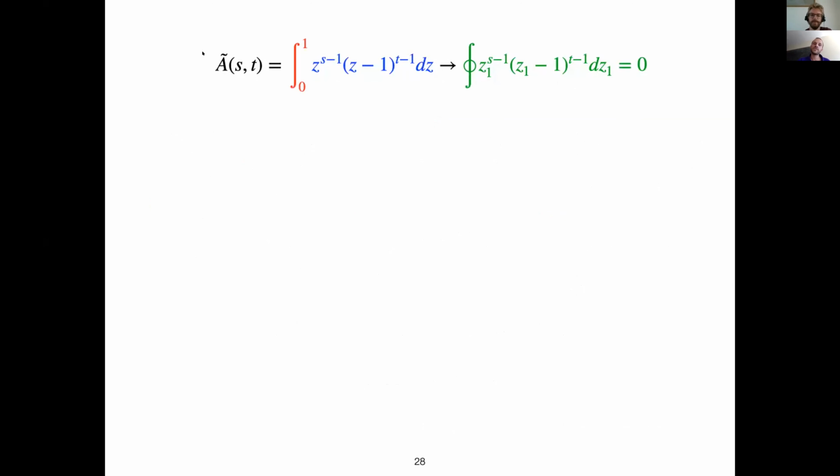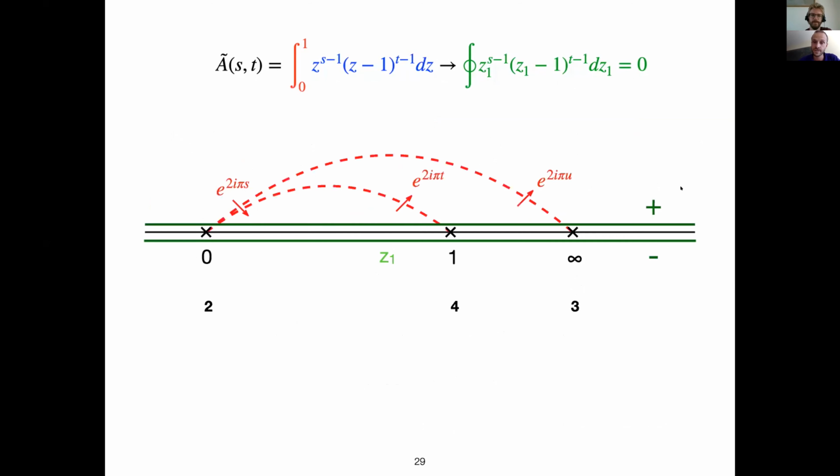So we go back to our tilted integral, and we replace it by a closed contour integral, which is going to vanish. So what contour integral is this? Well, we have 2 of them. It could be either the plus integral here on the positive part of the real axis. It closes off at infinity, but the contour drops off, so it's just really a line integral. And you have the minus integral.